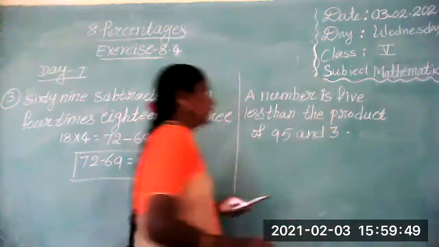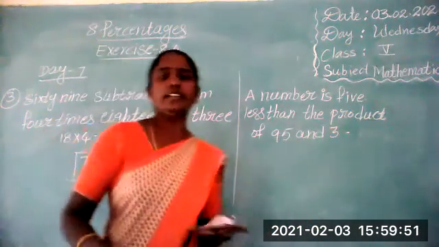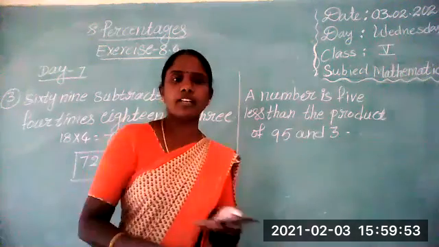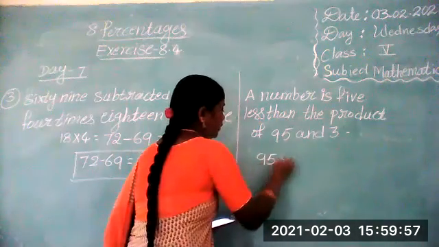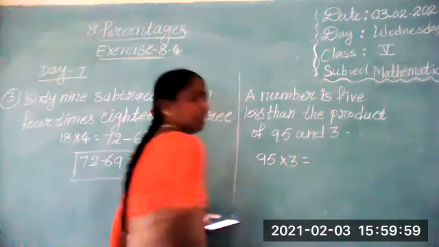Find the number. Product of 95 and 3. What is the product of 95 and 3? 95 into 3. What is the answer?